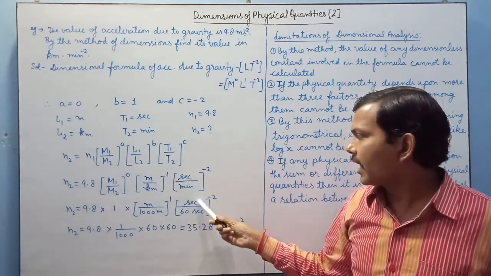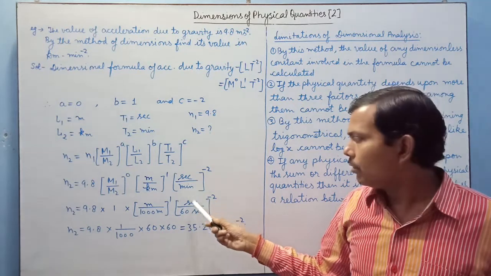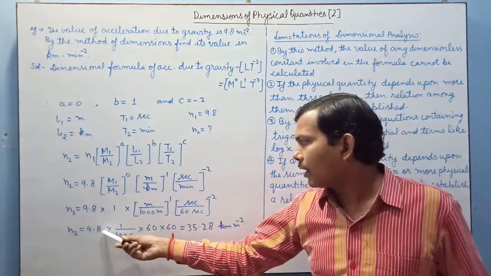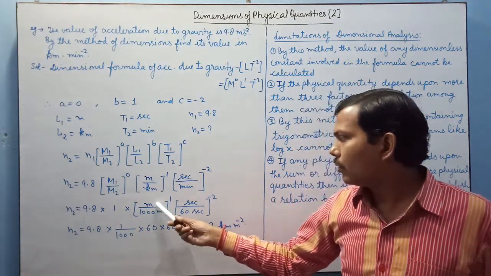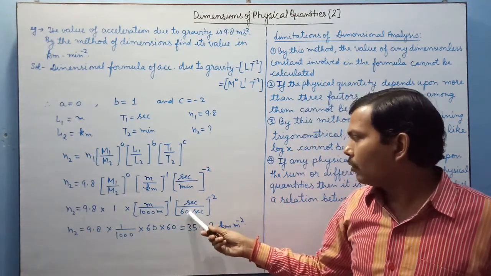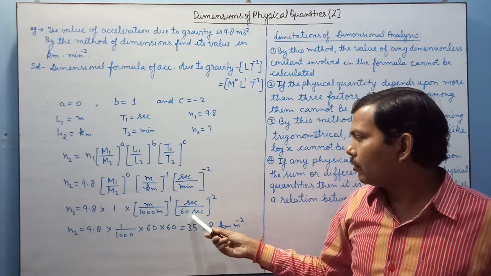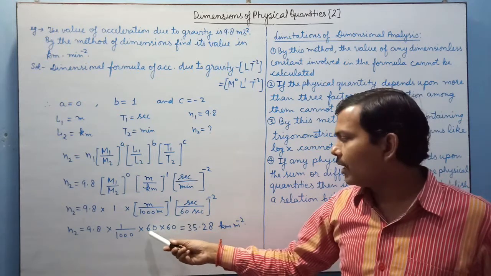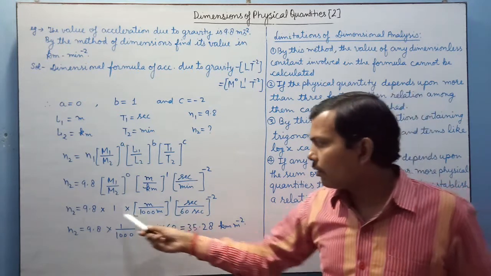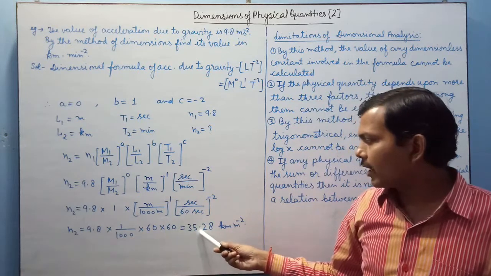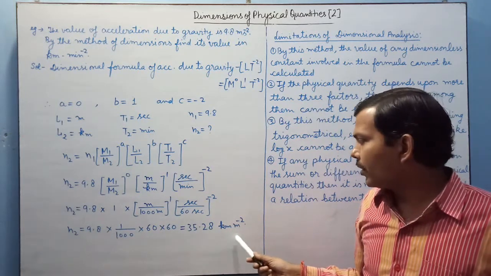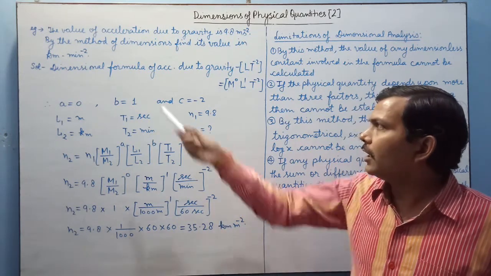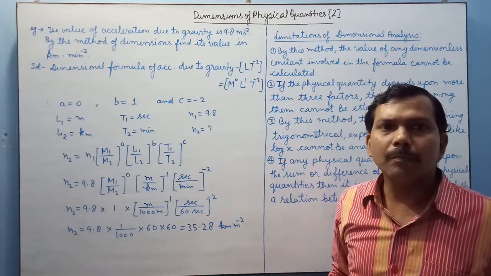Here also this is second, this is minute. We will convert minute into second, so second will cancel out. Here what will happen? 9.8 into 1 upon 1000 into 1 by 60 to the power -2. It will come to the numerator and will become 60 into 60. On calculating this, it will become 35.28 kilometer per minute square. Now this has been converted into kilometer per minute square.